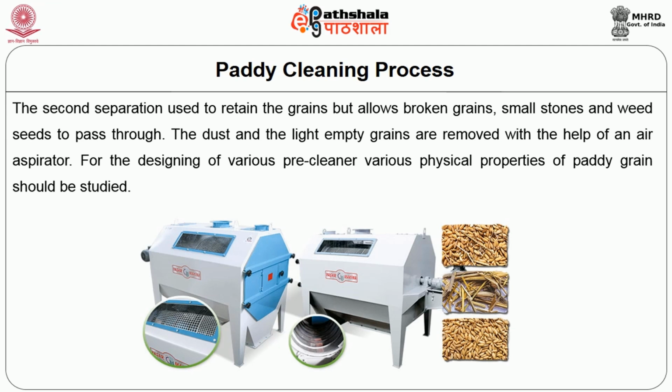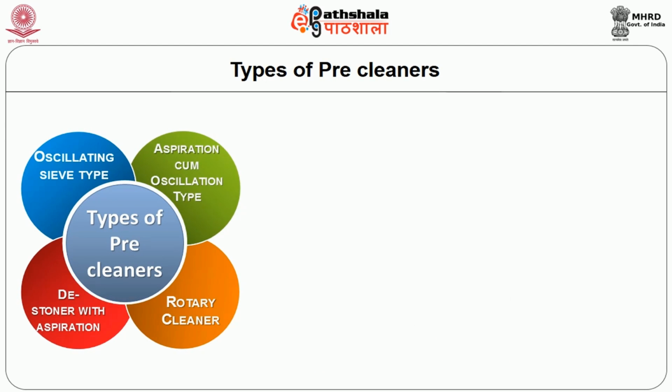The dust and light empty grains present in the paddy are removed using an air aspirator. For designing various types of pre-cleaners, we need all the physical properties of the paddy grain. Next, let us see the types of pre-cleaners normally available.